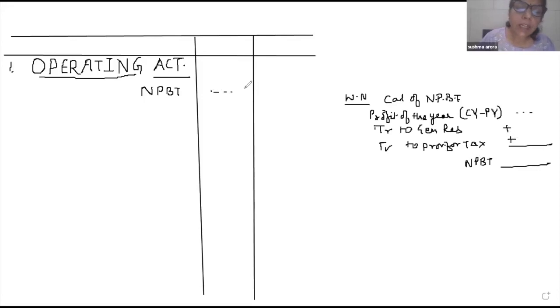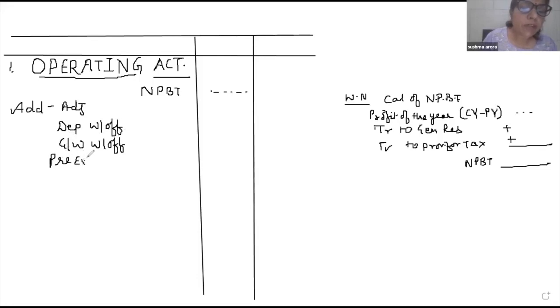When you write the NPBT, then add some adjustments of extraordinary items, non-cash items. Okay, so there are some adjustments. Add adjustments. First is depreciation write-off, goodwill write-off, preliminary expenses write-off.